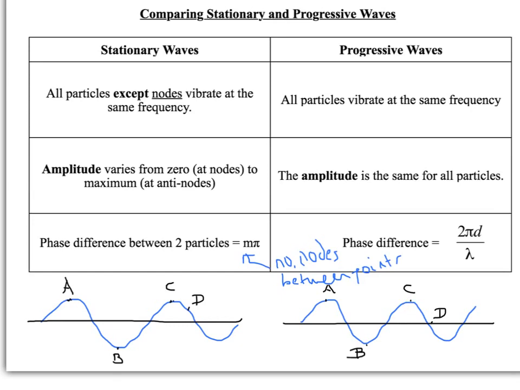Look at C and D. We have gone a quarter of the wavelength, so lambda over 4. We put that into our equation, we get pi over 2, so then 90 degrees or pi over 2 radians out of phase with each other.